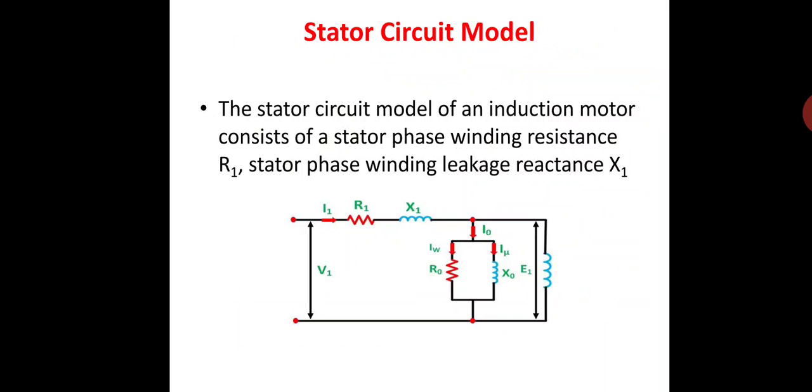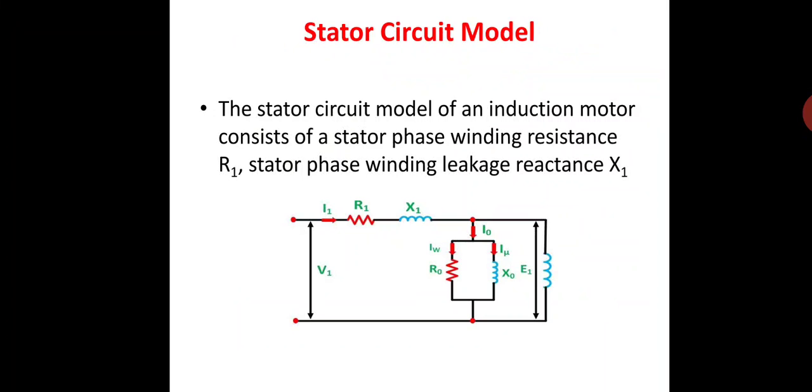Here we have a no load branch circuit comprising R0 and X0. R0 is a non-inductive resistor, whereas X0 is a non-inductive reactance. That means these two are a pure resistance and a pure reactance. The current flowing through the no load branch is represented as I0.